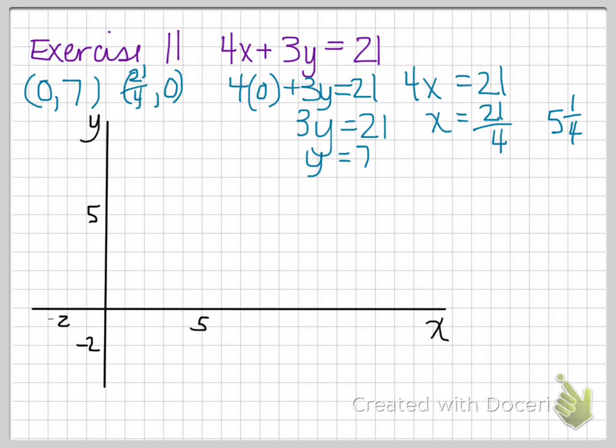So the y-intercept is 7. It's at the point 0, 7 right here. The x-intercept is at 5 1/4, about right there. And we can draw a line connecting those 2 points. Okay, so there's exercise 11.